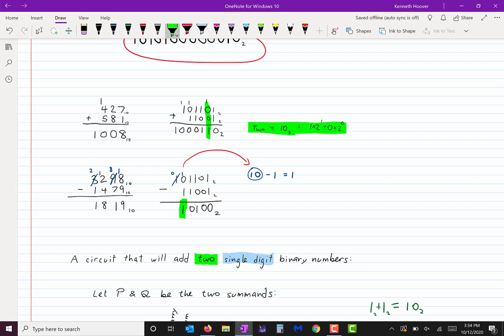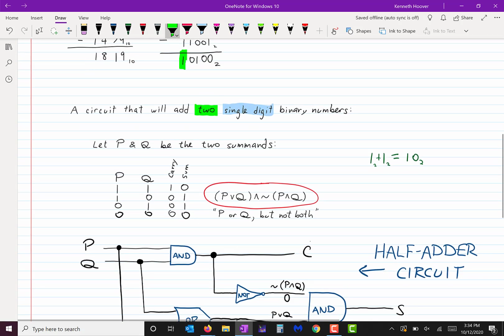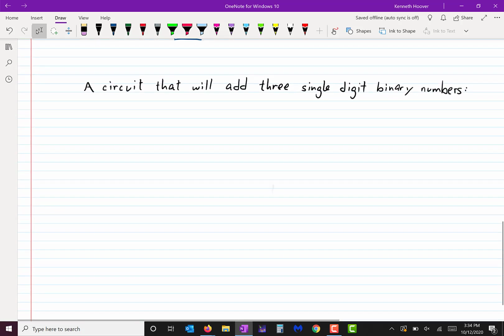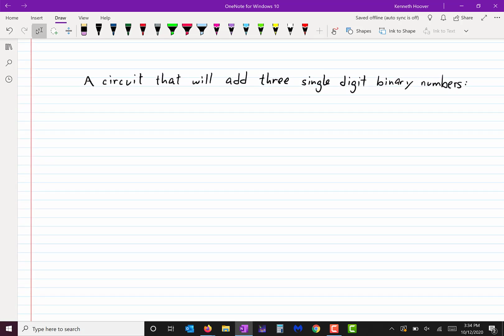And so that 1 from 10 got carried over to the next column. So even though it's an addition problem of 2 numbers, in the second column, I'm having to add 3 numbers together. So if we want to construct a circuit that will add any 2 numbers together in binary, then that circuit will have to be able to add 3 single-digit numbers together. And that's what we're going to do now.